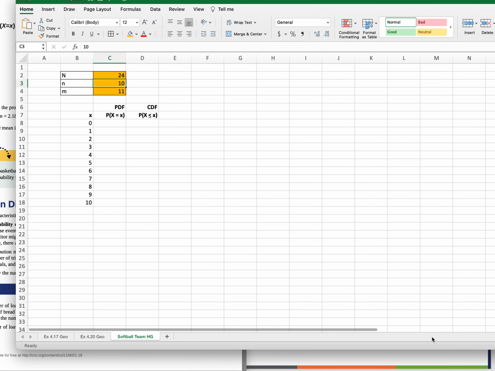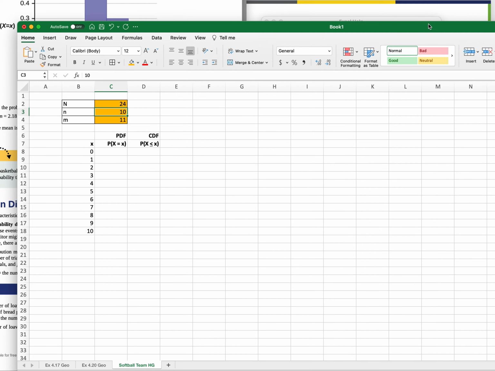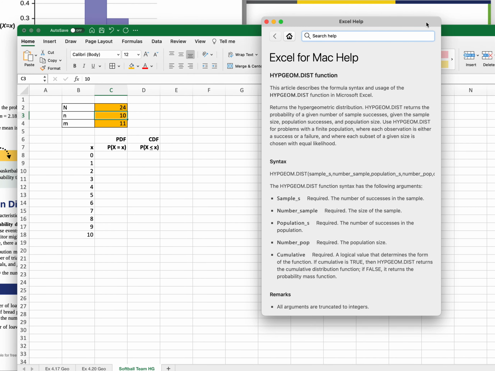There it is, sorry. Population, number of successes in the population. Well, that's going to be, there's 11 in the entire population. The number of the population is 24.